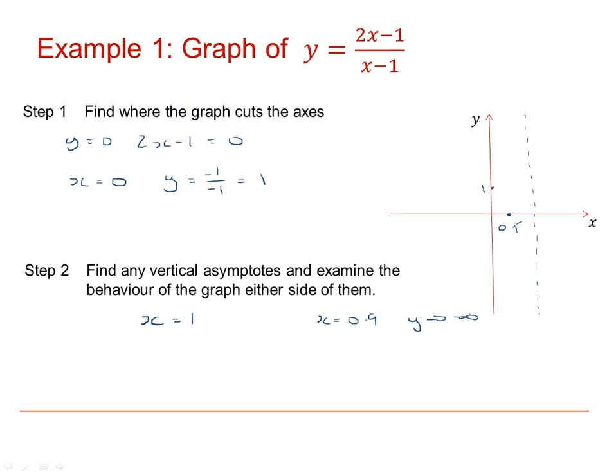Or we can go to the other side, x is equal to 1.1, and then we'll see that y is large and positive, so y is approaching positive infinity. So to the left of the line we've got the graph going down to negative infinity, and to the right it's very large and positive.